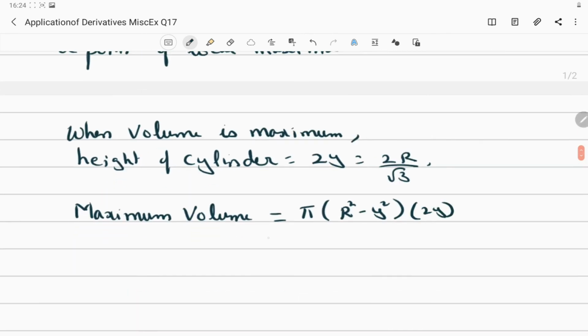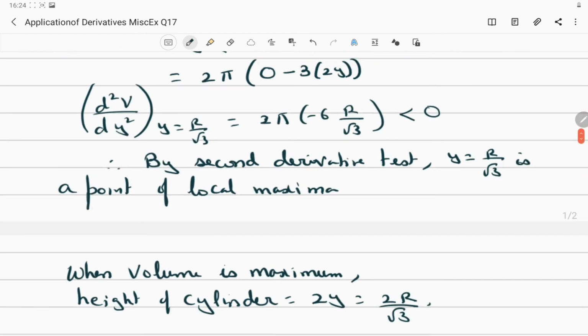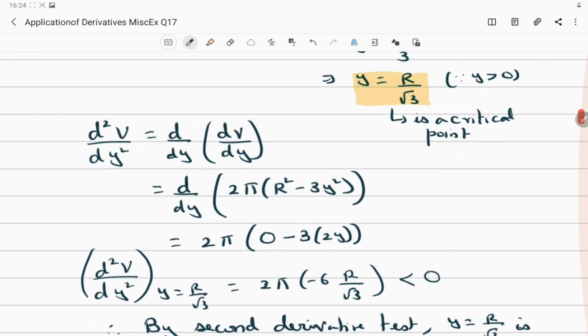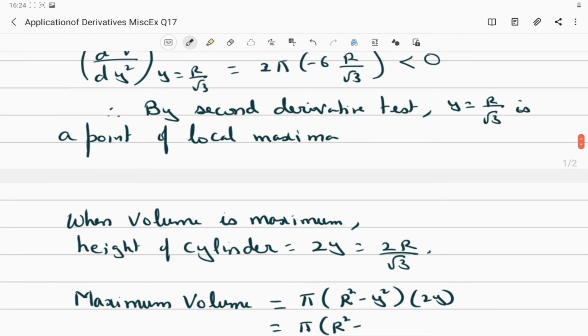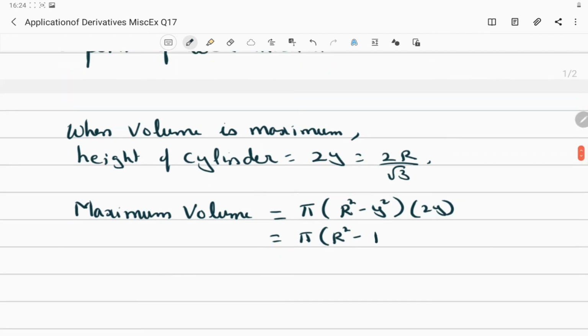So, let us plug in y equal to R by root 3. So, we get pi times R square minus, in place of y square we write R square by 3, and in place of 2y we write 2R by root 3.